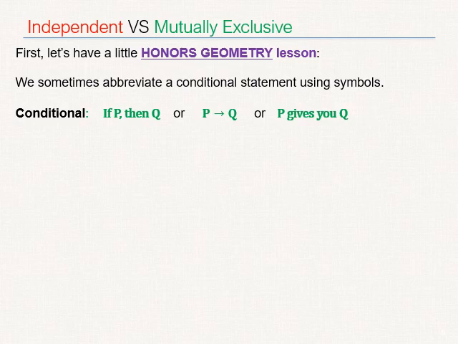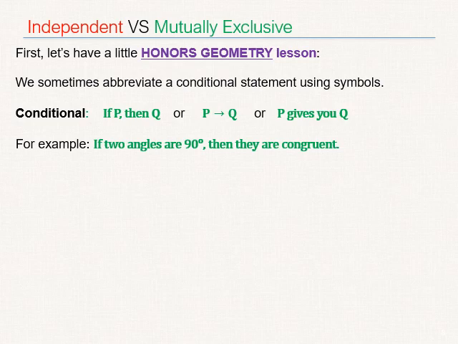Sometimes we write it as P arrow Q, and sometimes we say it as P gives you Q. So in other words, if P is true, then Q is true. Here's an example: if two angles are 90 degrees, then they are congruent. That is a conditional that happens to be true. If two angles both are 90-degree angles, then we know, of course, that they are congruent.